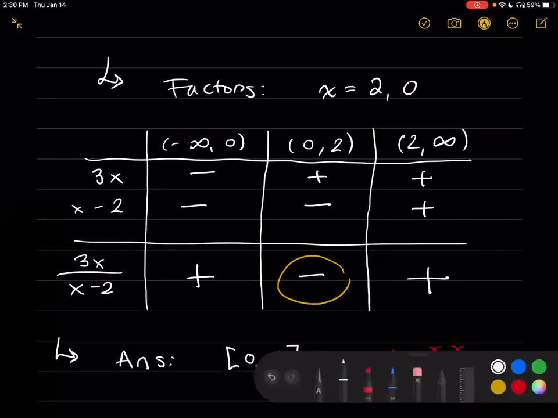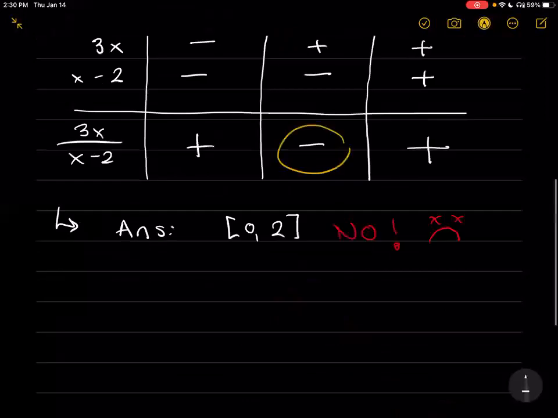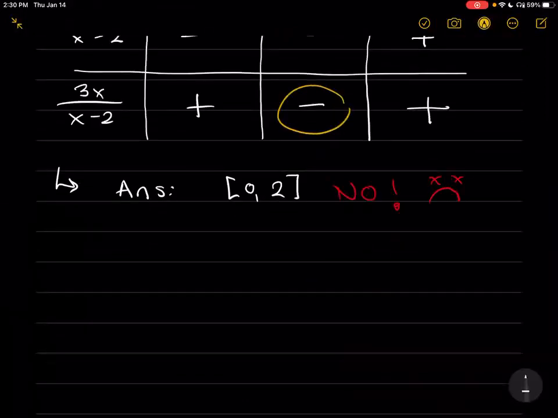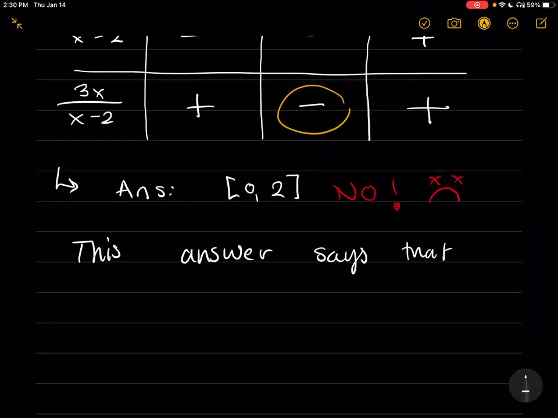The reason for that is, what we're saying is that this answer says that 3x over x minus 2 is less than or equal to 0 when x equals 2.